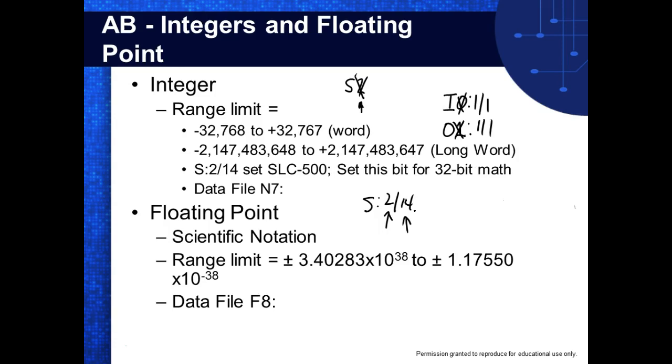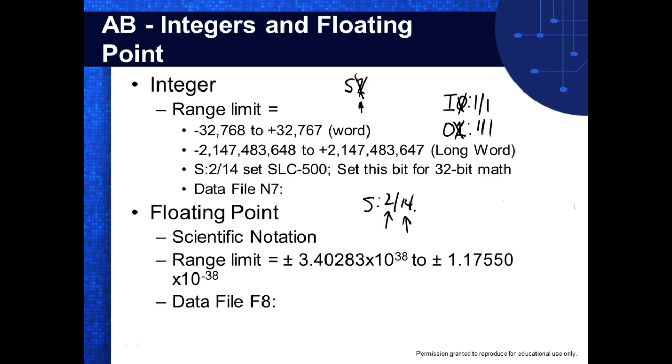If I'm going to use floating numbers, then we have to use this data file right here, F8. The book, when it tells you about the data files, mentions D3 but doesn't mention F8. But then in the math instructions, it says you can use F8. Y'all know that data file is dedicated to floating point numbers.